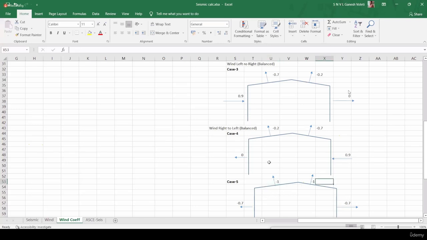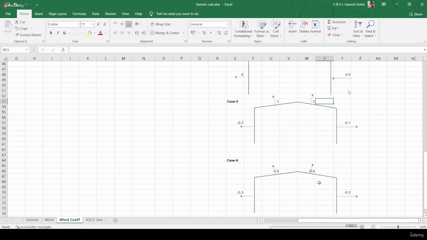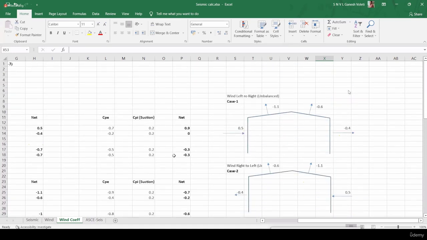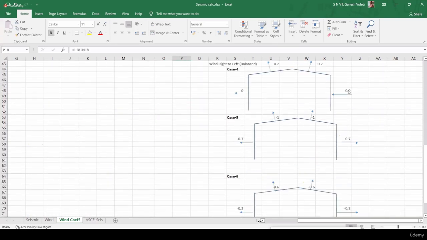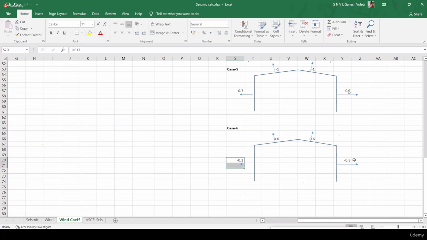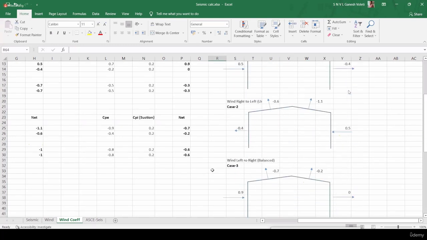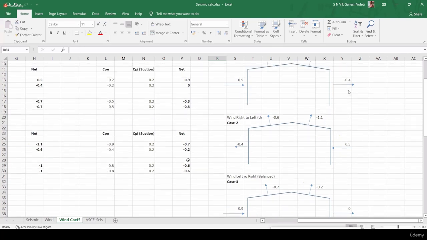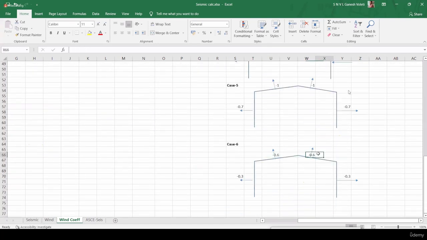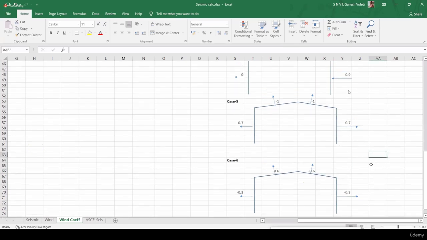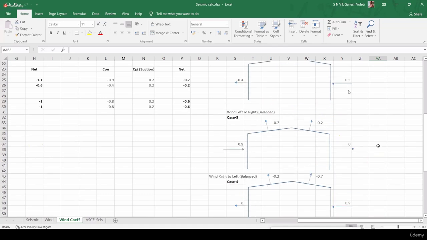If we take the suction case, minus 0.3 on A and B surfaces, away from the surface, and for the roof it will be minus 0.6, away from the rafter. So these are the 6 wind load cases we are going to use in our design.